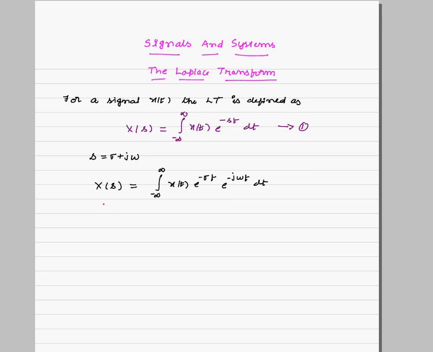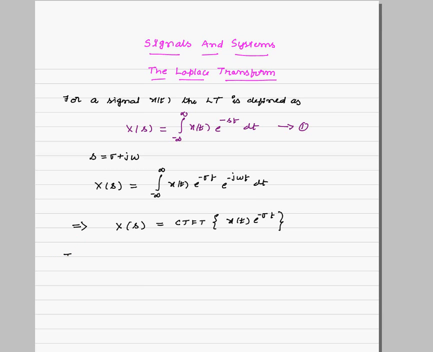So X of s is nothing but the continuous time Fourier transform of x of t e power minus sigma t.